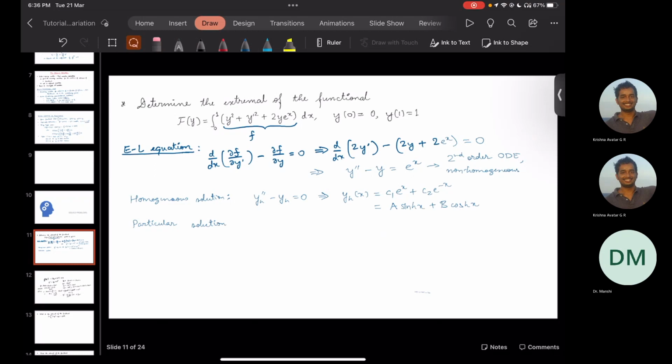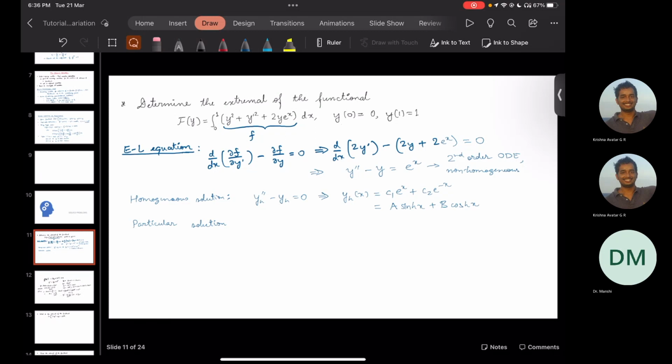When we take a look at our original differential equation, which is y double prime minus y equal to e to the power x, this function and one of the homogeneous solutions actually match, isn't it? So it simply means that we cannot directly take a solution of the form e to the power x as it is in order to obtain our particular integral.